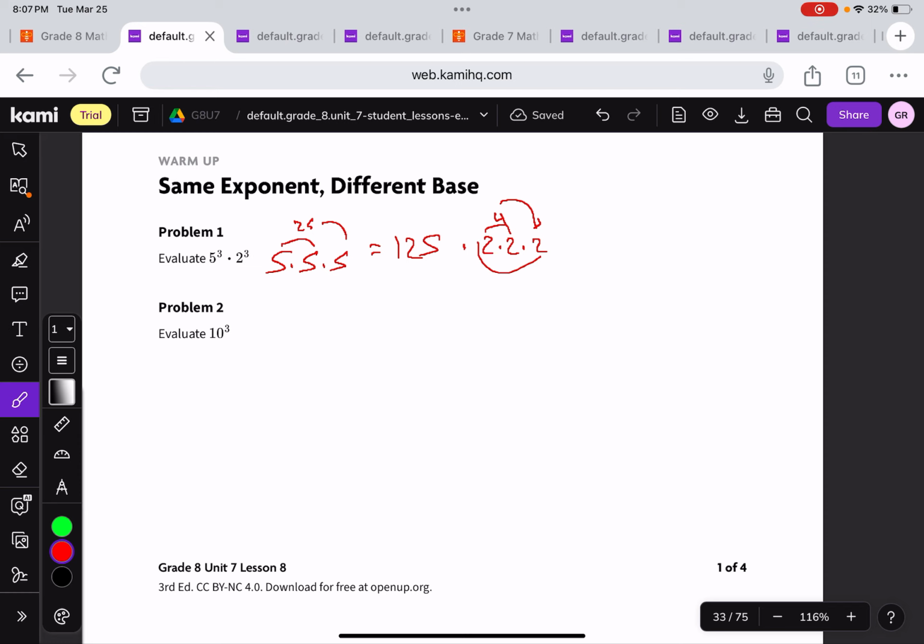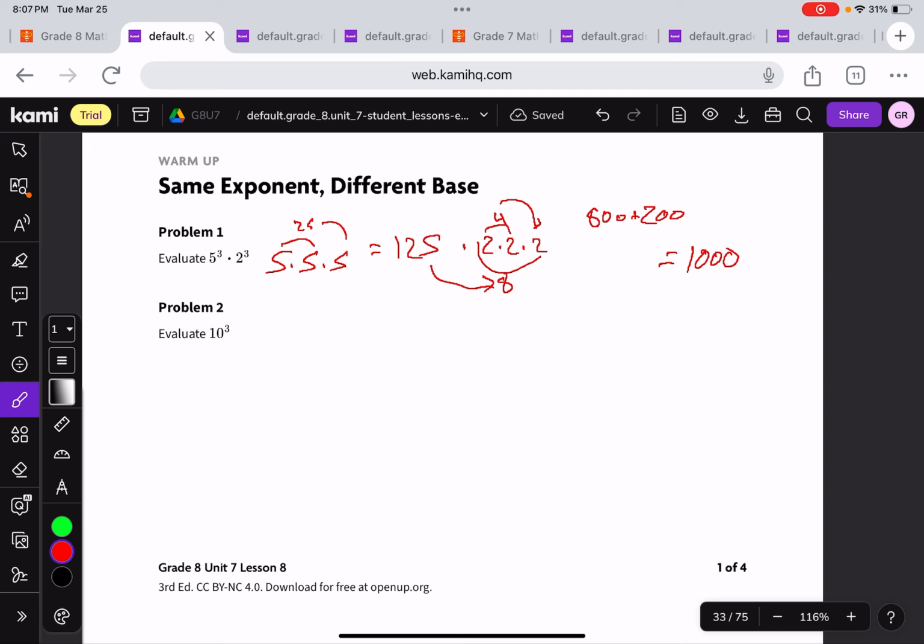So all that turns into 8. 125 times 8. Well, that's 100 times 8, which is 800. And 25 times 8, well, that's like 8 quarters, which would be $2. So that's another 200. So our answer is 1,000.